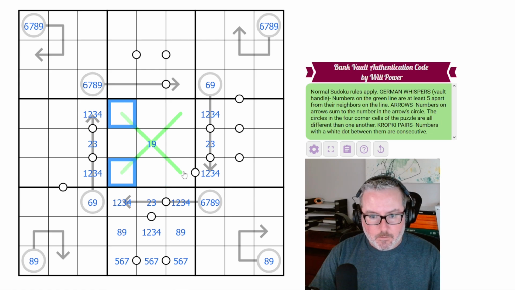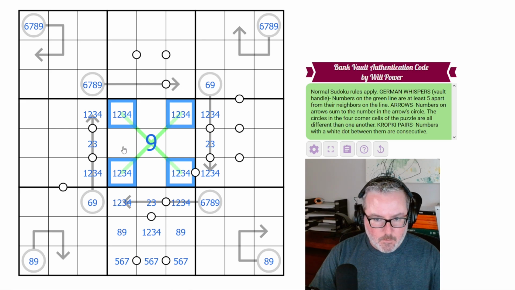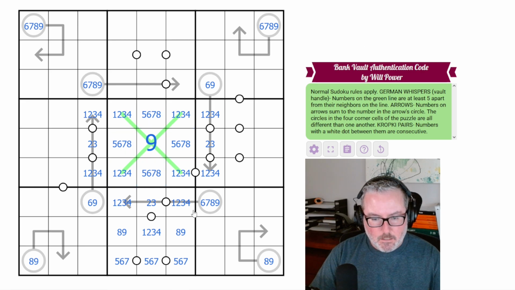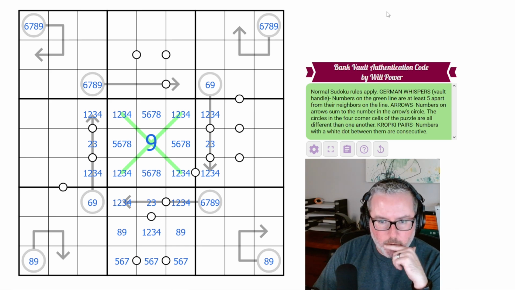So therefore the 2s and the 3s have to be on the German Whisper. So therefore this is 9. And these have to be from 1, 2, 3, and 4. And these have to be from 5, 6, 7, and 8. We'll put those on there for now, but we'll probably be able to pare these down at another point here.